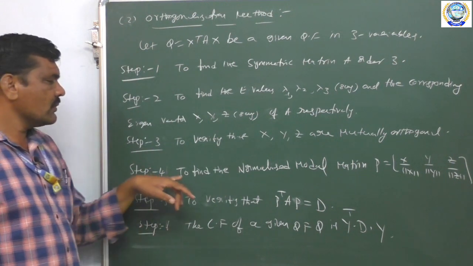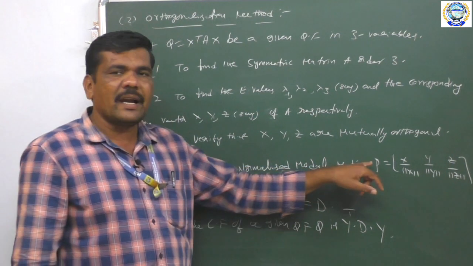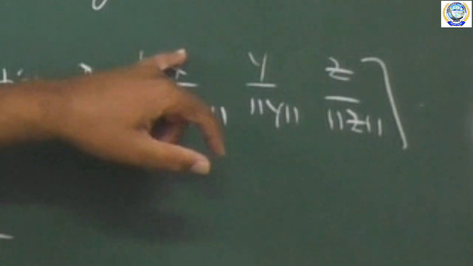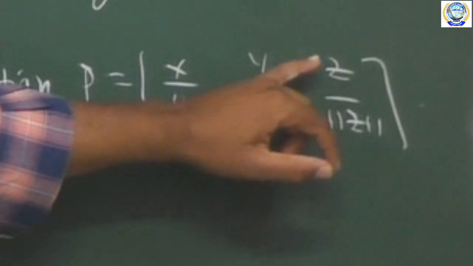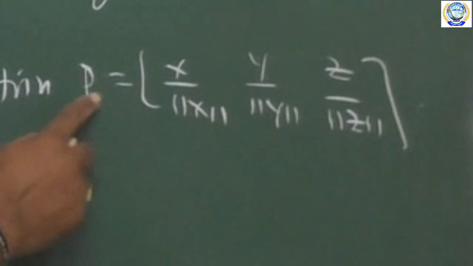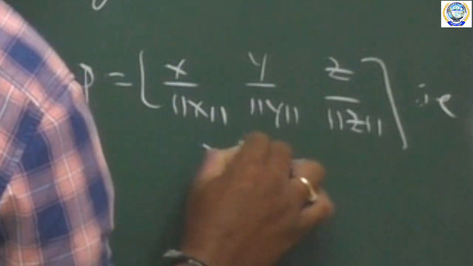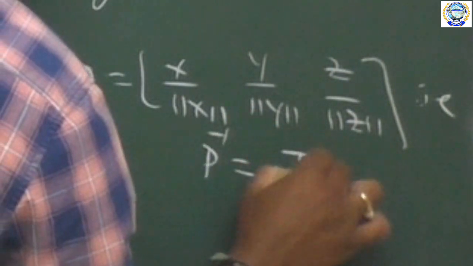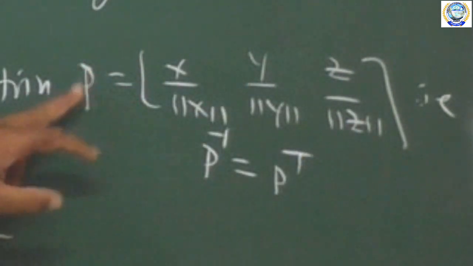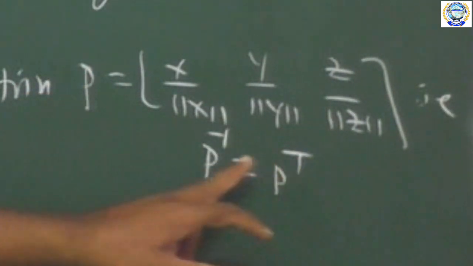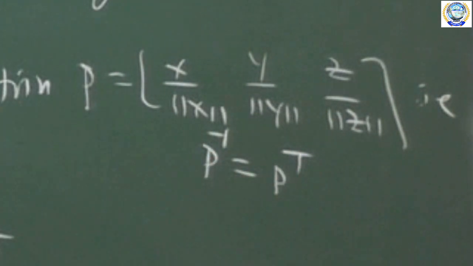Next, in step 4, we find the normalized model matrix P is equal to x by norm x, y by norm y, z by norm z, and it is an orthogonal matrix, that is P inverse equal to P transpose.